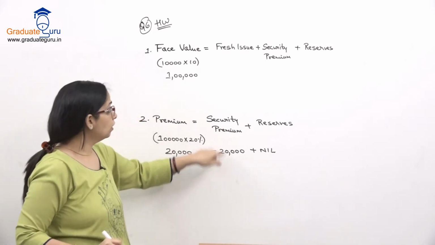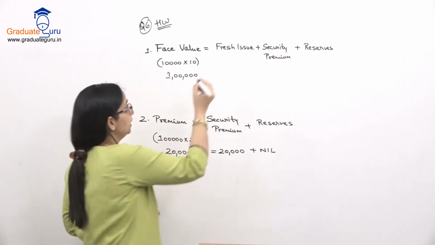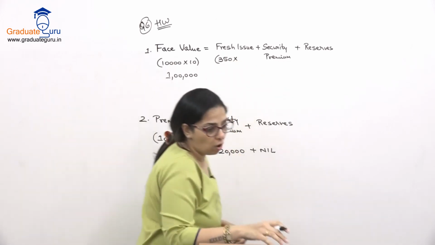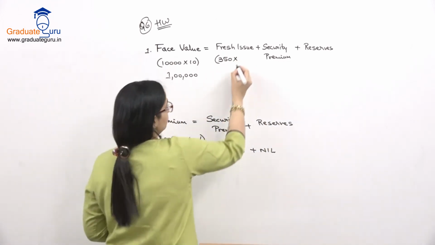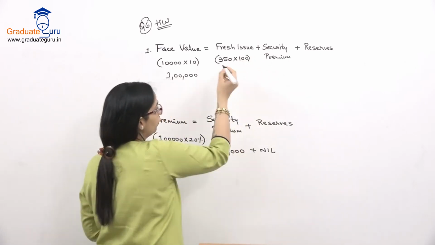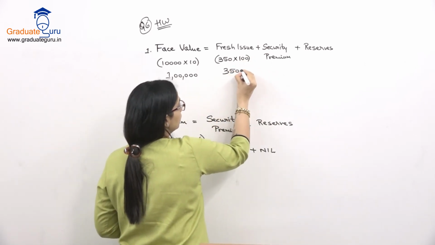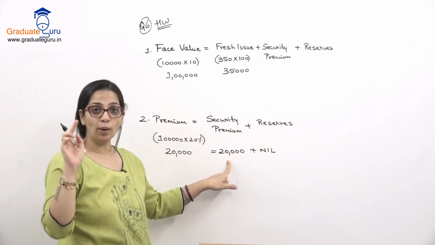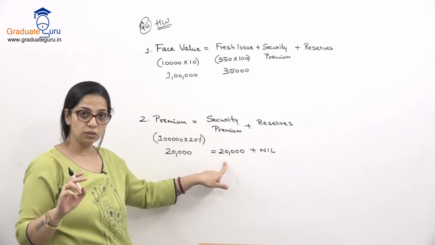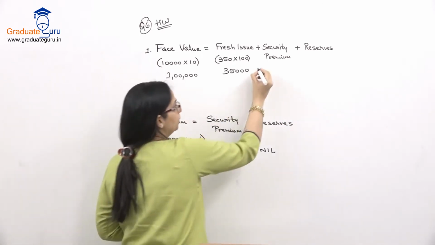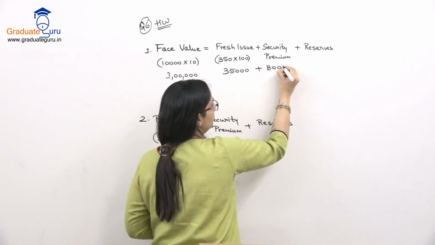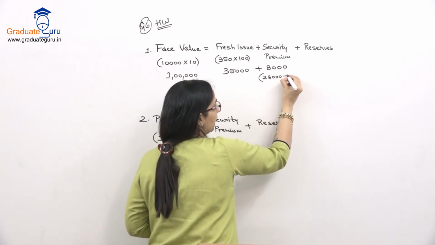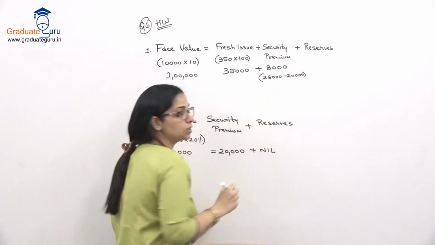Okay, so now here, when I go, they have given me fresh issue 350 shares of 100 each. ये उन्होंने बोल दिया है. So 350 into 100. फ्रेश इश्यू भी हमें मिल गया 35,000 plus security premium 28,000 था. We used 20,000, so बाकी का जो 8,000 है वो हम security premium से लेंगे. Right? This is 28,000 minus 20,000 जो हमने नीचे यूज किया है.